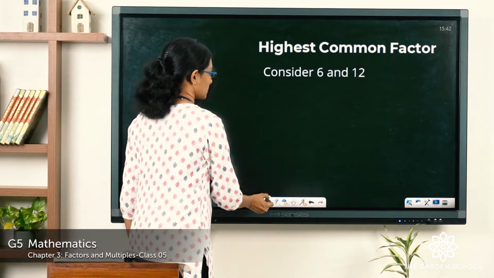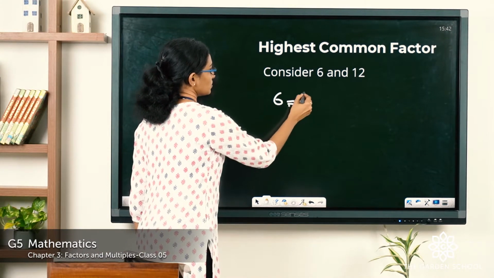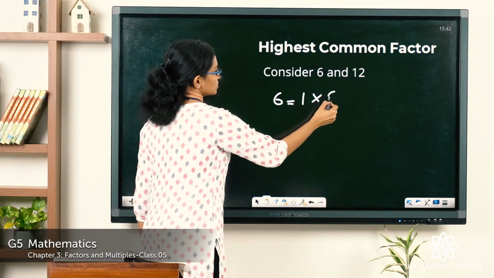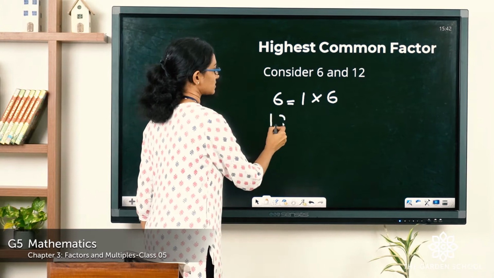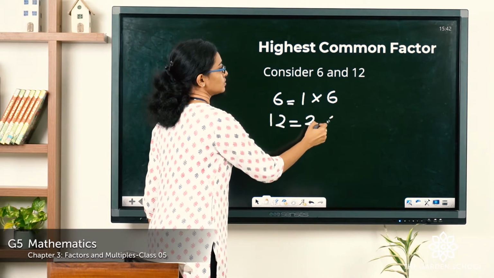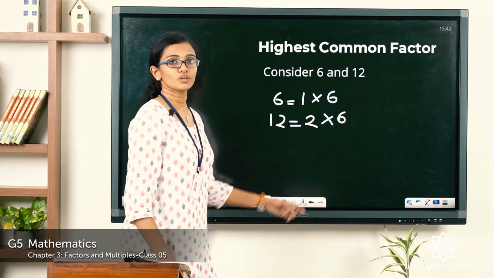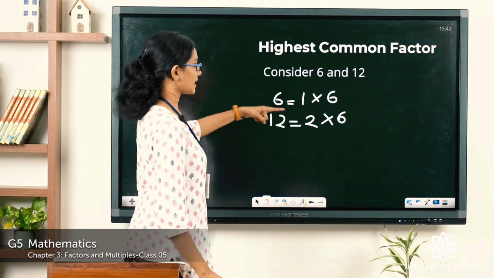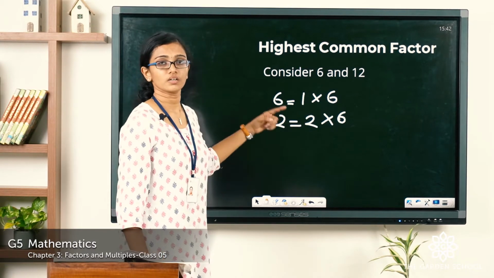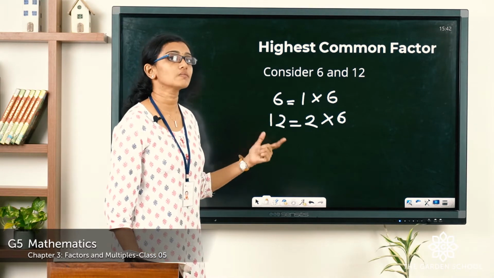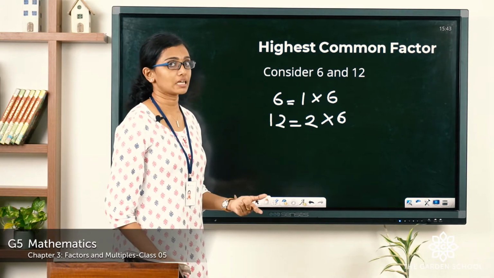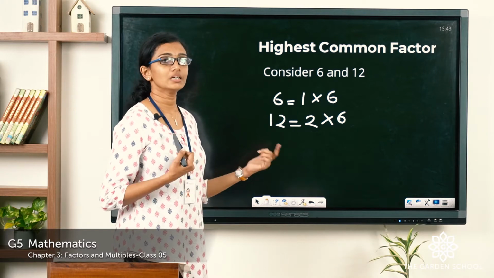So 6 can be written as 6 is equal to 1 into 6, right, and 12 can be written as 12 is equal to 2 into 6. So these are the factors of 6 and these are the factors of 12. We know the factors of a number can divide a number completely, means without leaving any remainder.